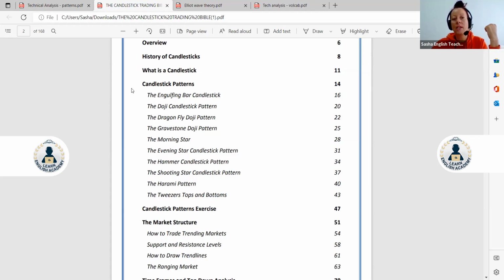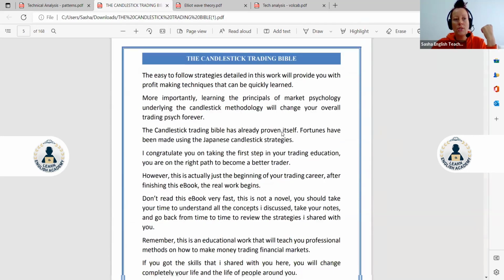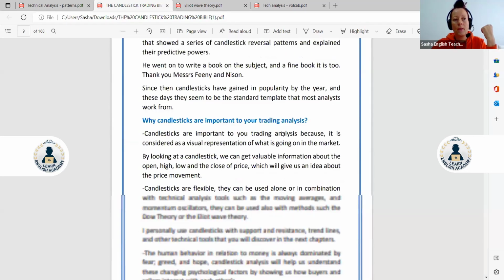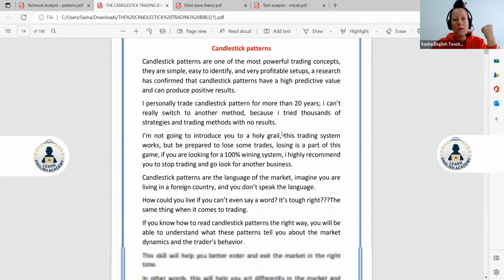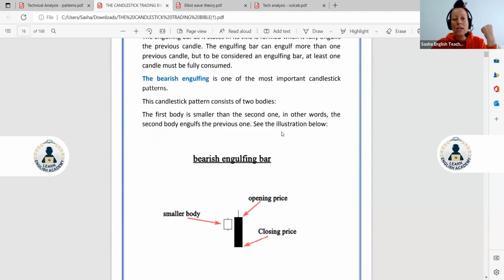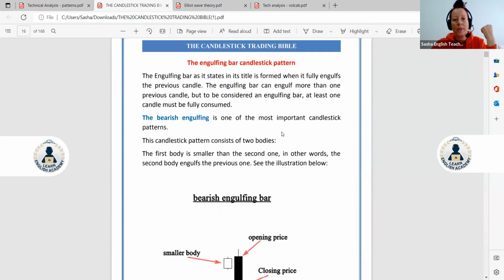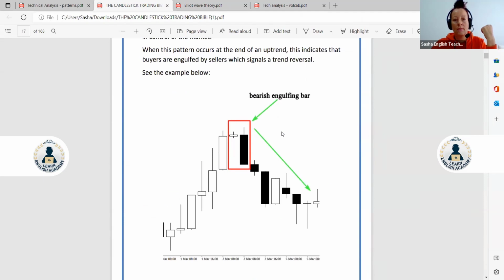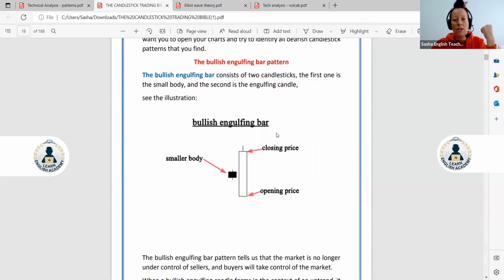But it's everything. It explains the patterns, so obviously all the different types of candlestick patterns, which is great. I'll just show you quickly. On page 14, it explains everything here. It's really good.